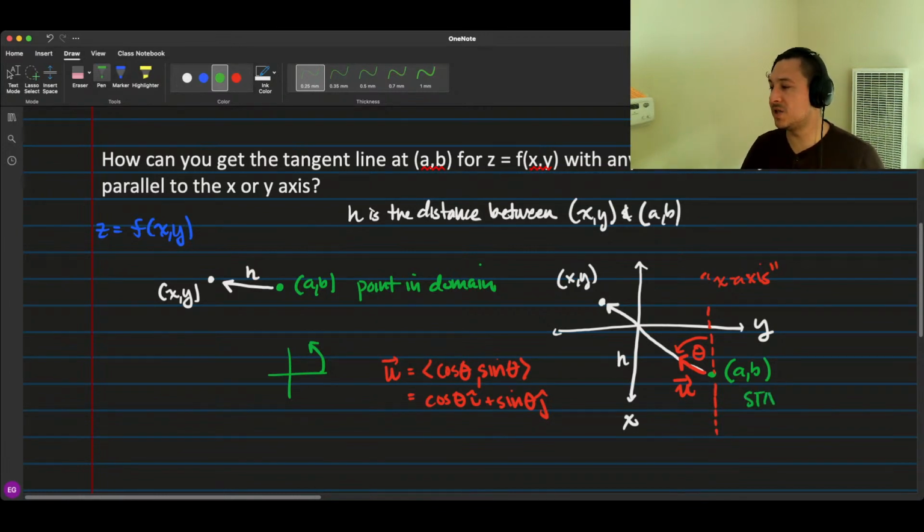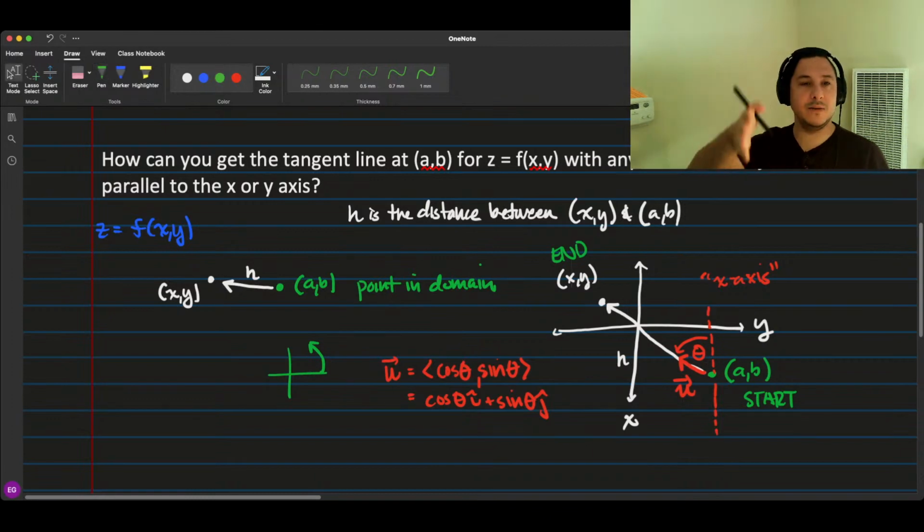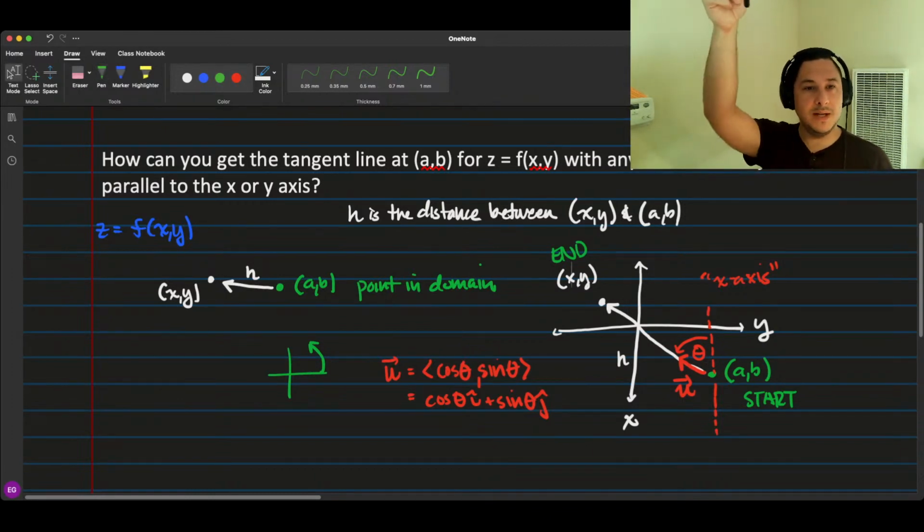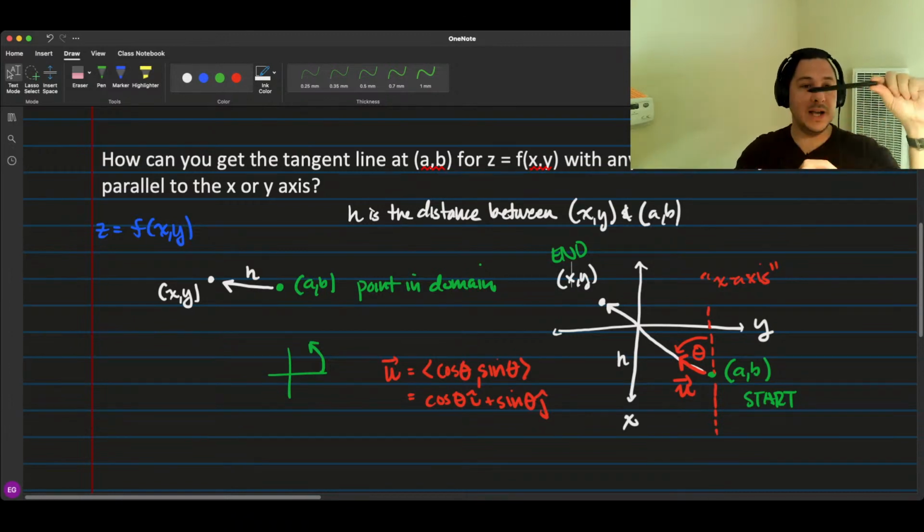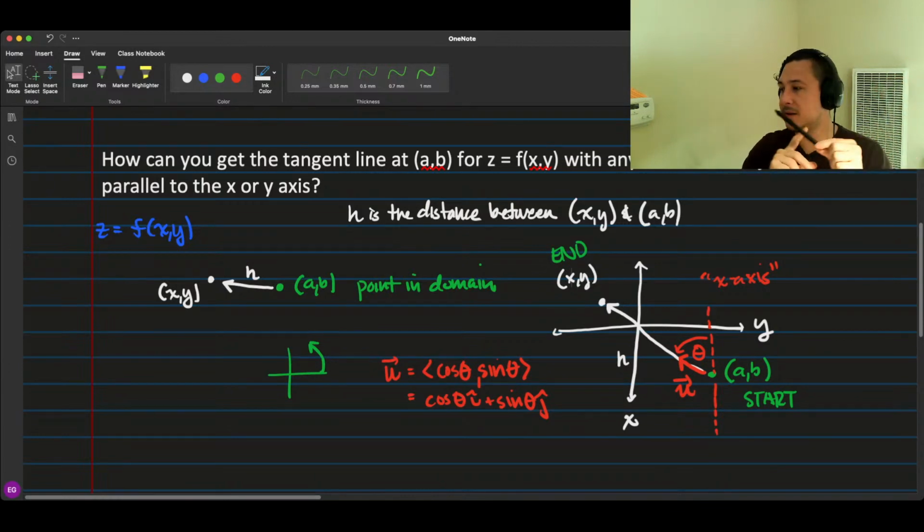Yeah, exactly. So my starting point is over here, my end point is over here. Through my starting point, I drew that red dashed line, which is supposed to be something parallel to the x-axis. Because remember, to measure angles, you always start at the positive x-axis and rotate that way.